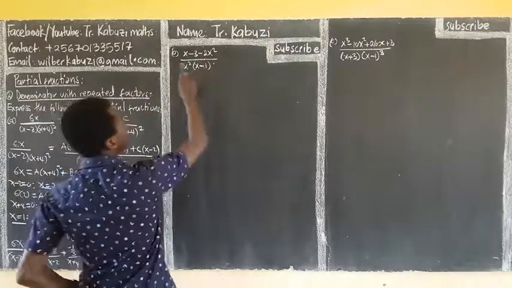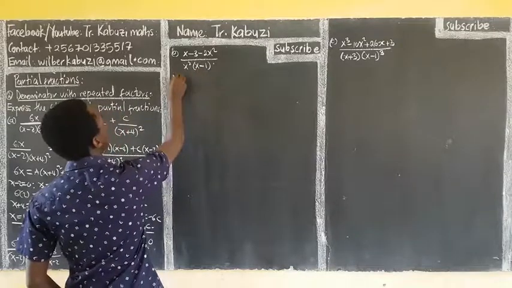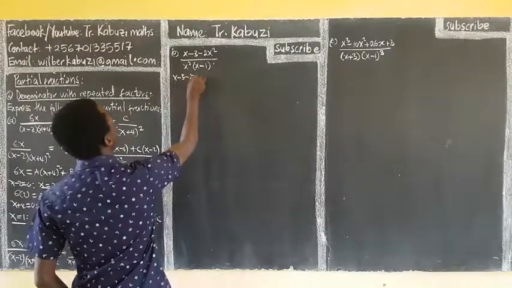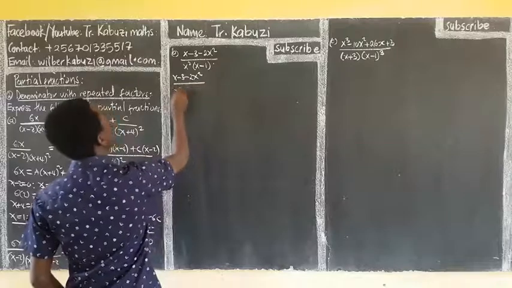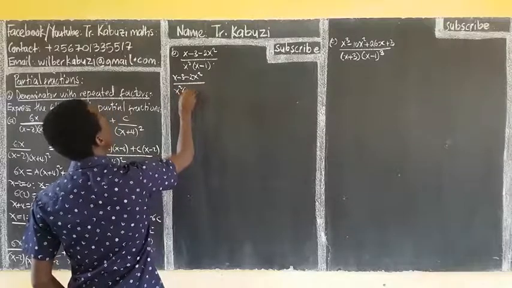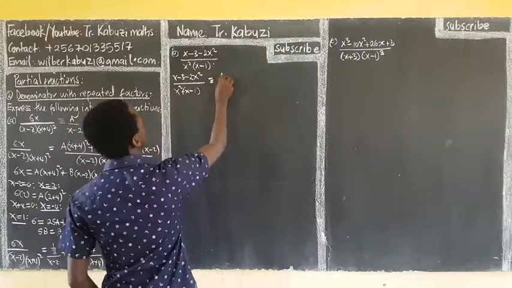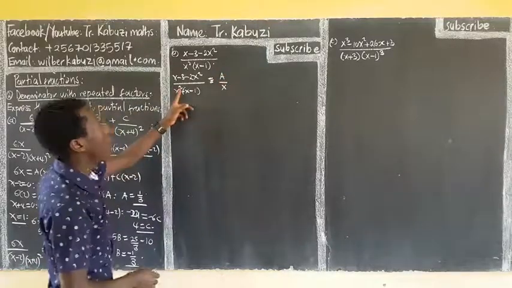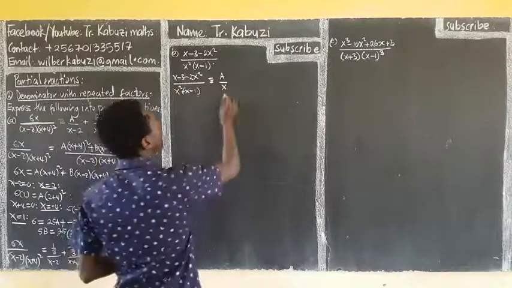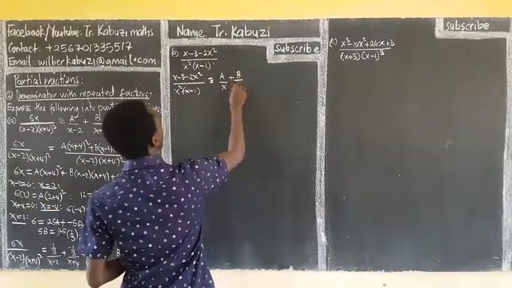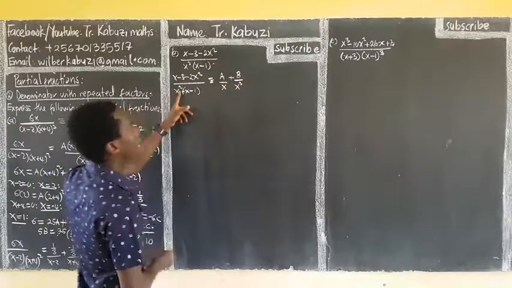So now, the whole of this is going to be identically equaling to A over x. Now you lower the power to the smallest, as 1, then plus B when you reach the highest, as here.